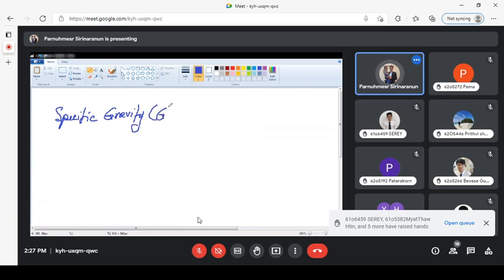Does everybody know this word? Yes, specific gravity. What does specific gravity mean?